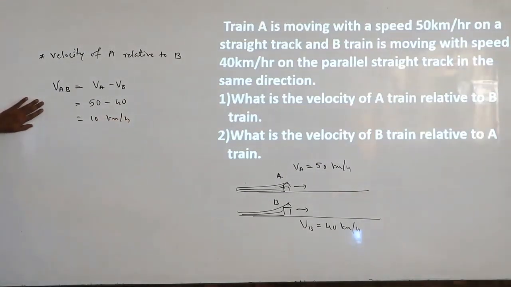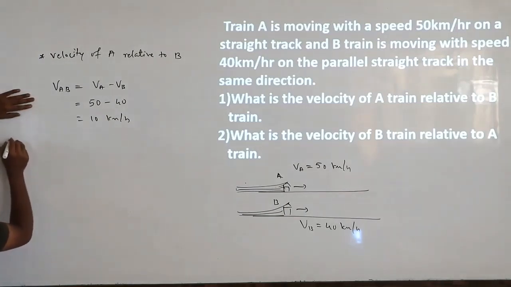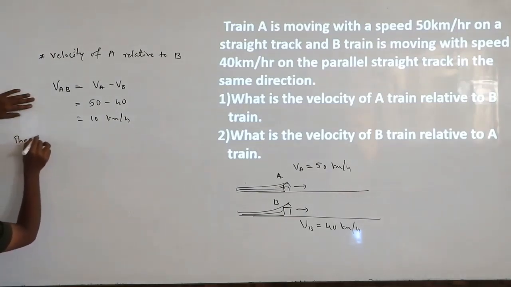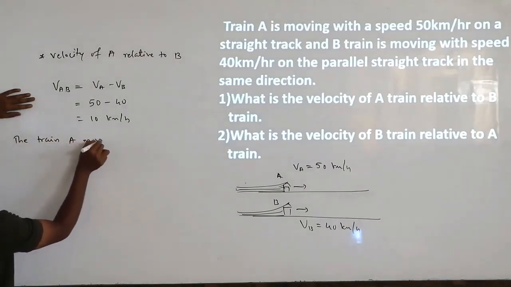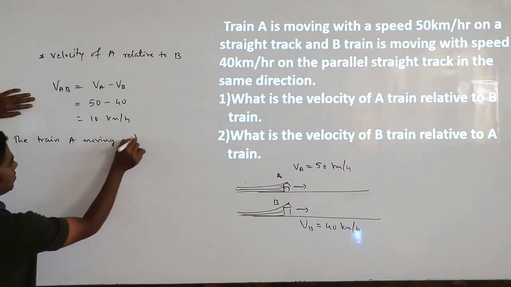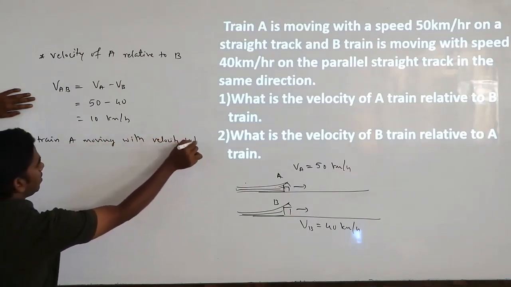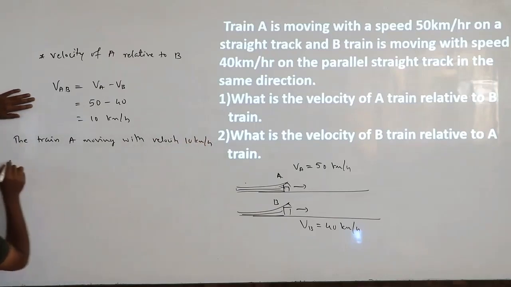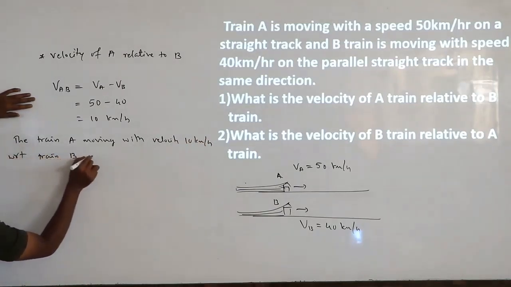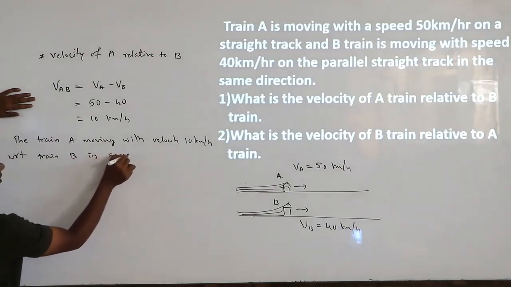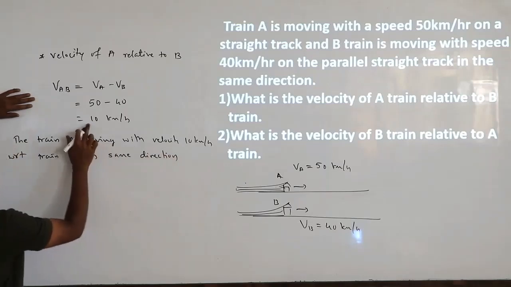So what does it actually mean? It means that train A is moving with velocity 10 km per hour with respect to train B in the same direction, because you are getting a positive answer.